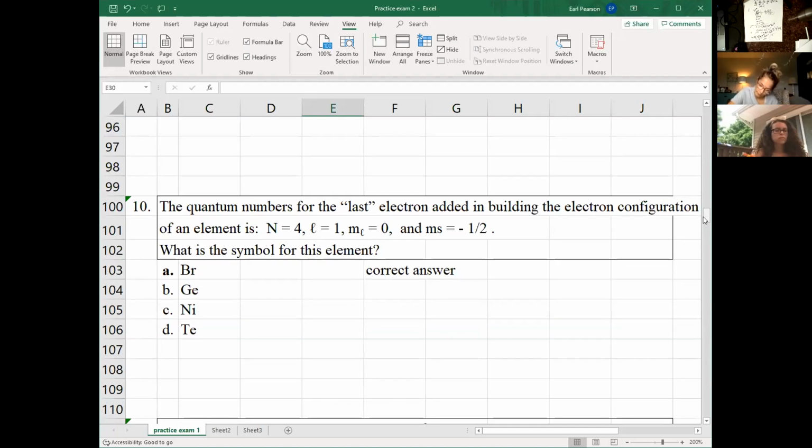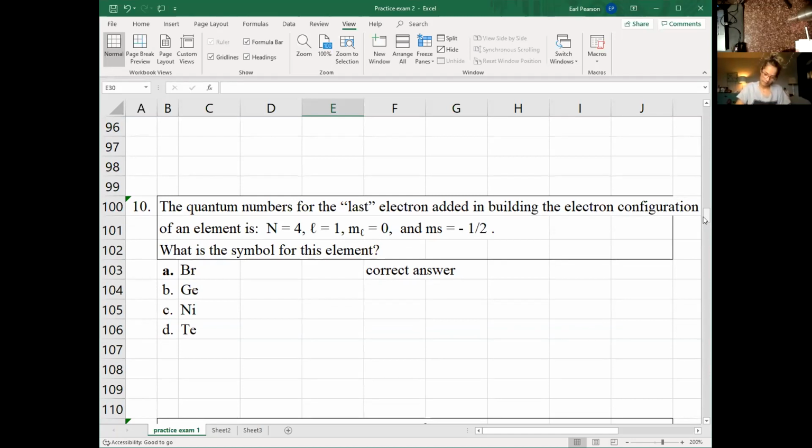I'm going to determine the symbol for an element from its quantum numbers for its last electron. Let's take a look at that.